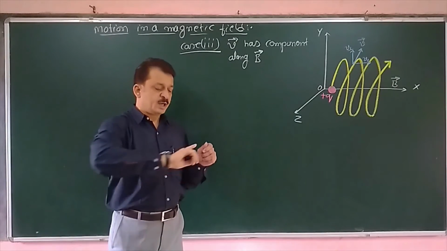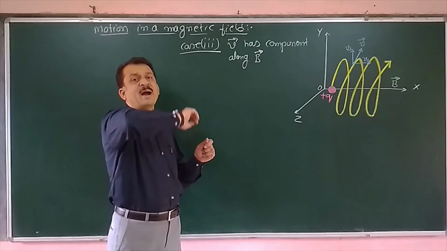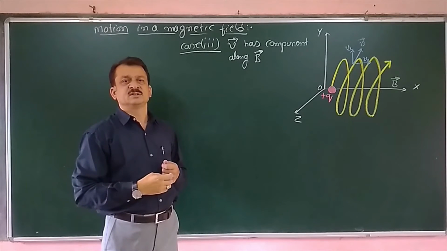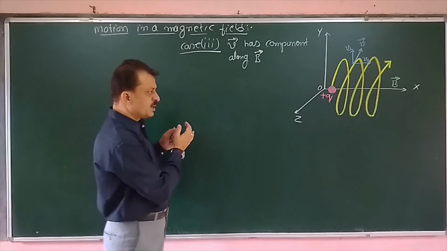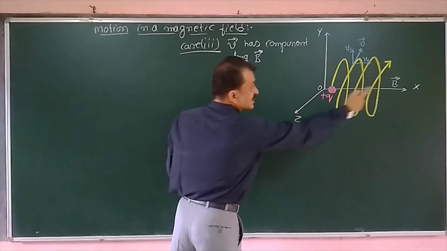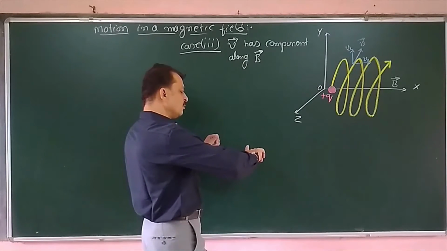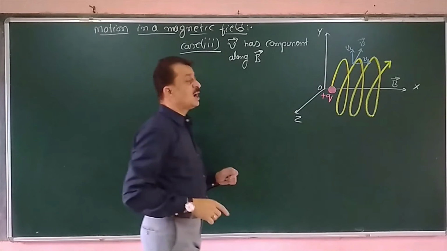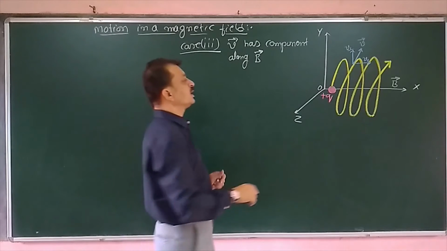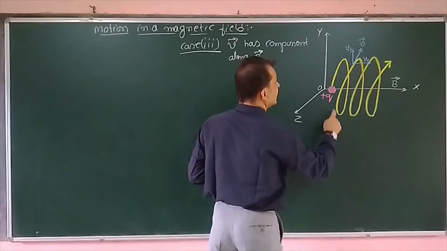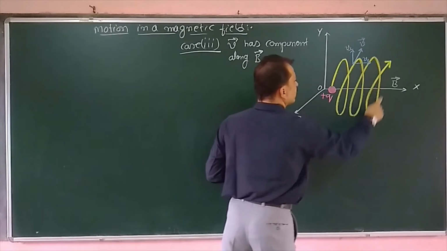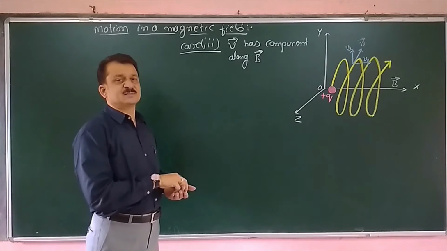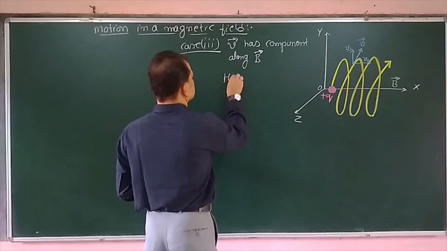It tries to bend, or it tries to move in a circular path. So the horizontal component takes the particle along the x-axis, but the vertical component of velocity takes the particle in a circular path, and these two motions combined together give a helical motion. This type of motion we call helical motion, and the path is called a helix.